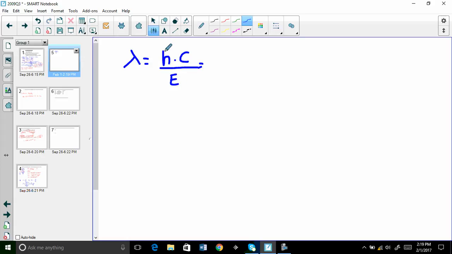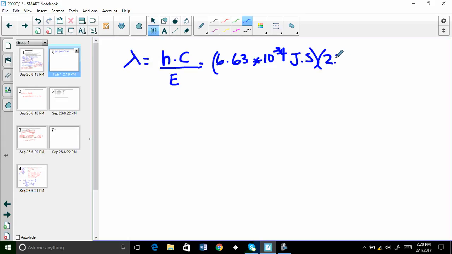Okay, what is H? It's Planck's constant. It's 6.26, something like that. Hang on, I gotta look it up. It is 6.63 times 10 to the negative 34 joules times second. That's what H is. C is the speed of light.